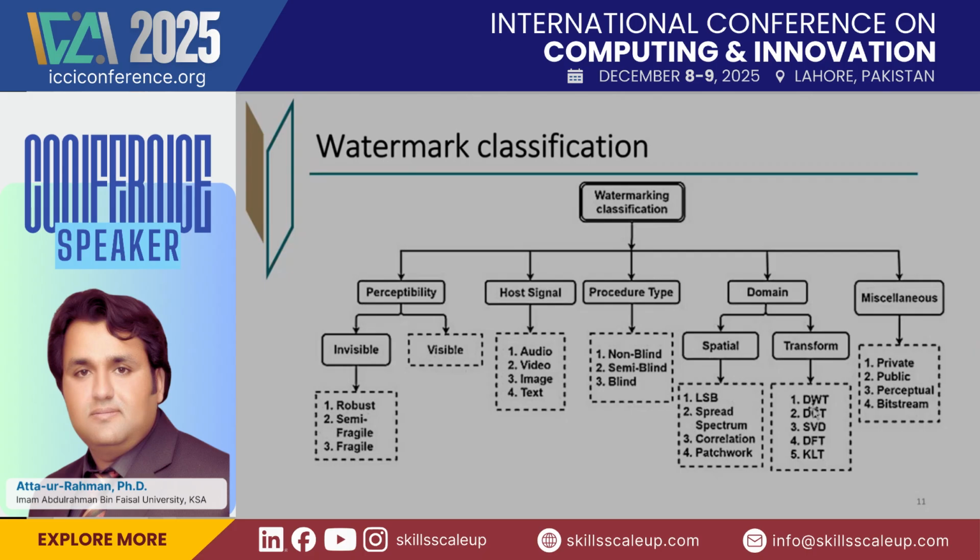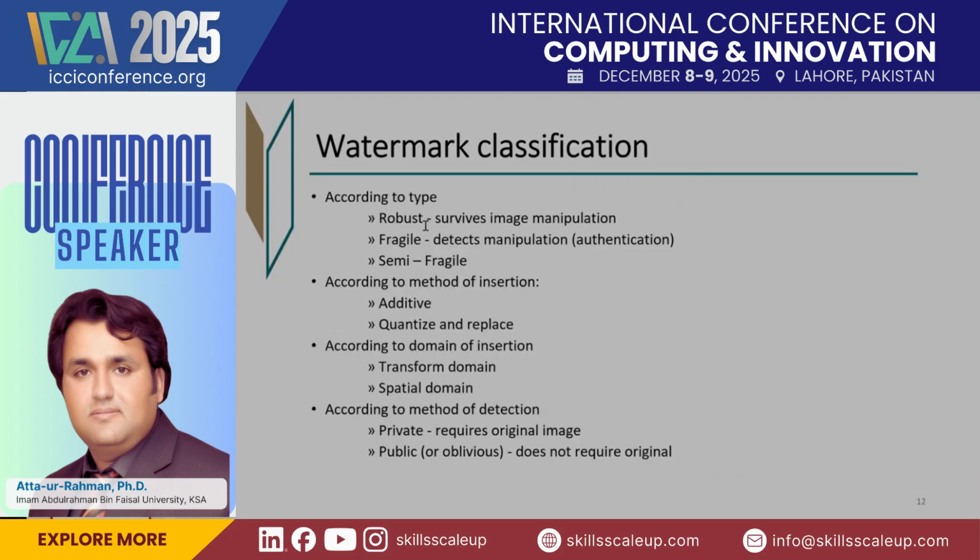In the transform domain, we have different kinds of transforms like wavelet transform, cosine transform, singular value decomposition, and so on. We can have private, public, perceptual, and bit stream based watermarking systems. So this is the general classification of the watermarks that we use.